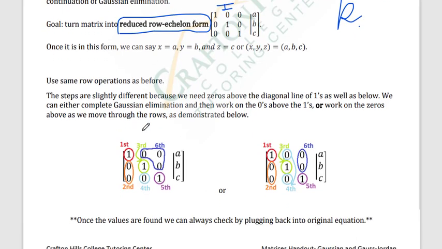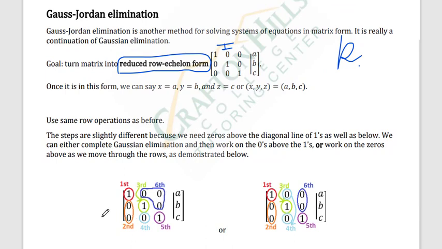So how do we do Gauss-Jordan elimination? There are two methods. The first method is that first you transform into upper triangular form, then after that into the identity matrix.